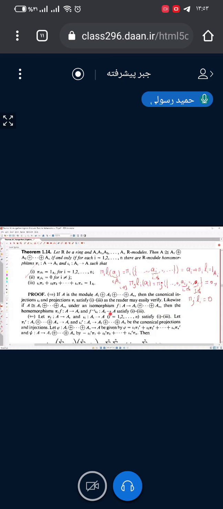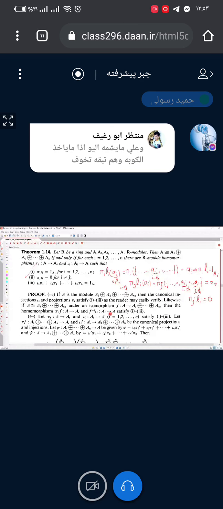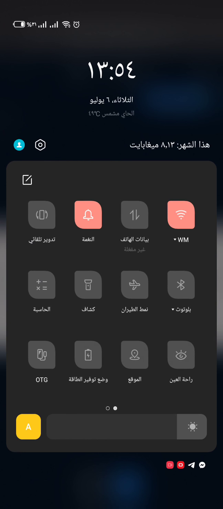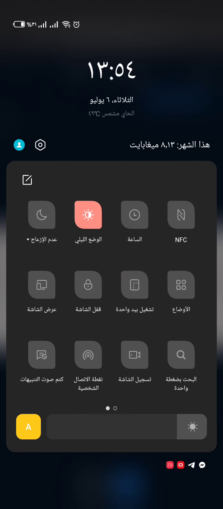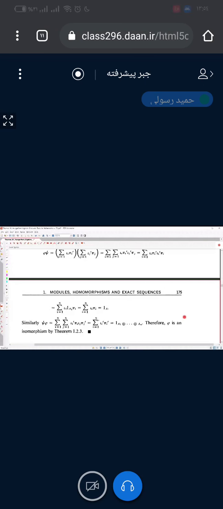For the converse, the sufficiency, let p_i from A to A_i and L_i from A_i to A satisfy these 3 properties.